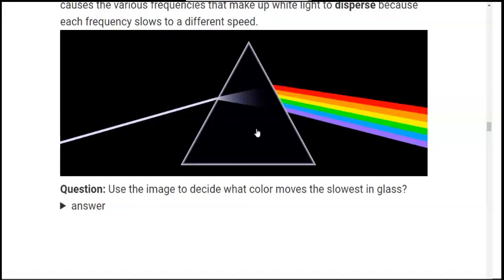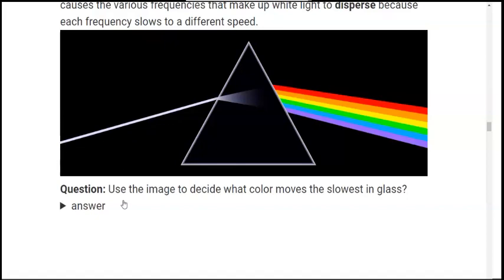White light when passing through a prism gets split up into 7 component colors because of different frequency in different component colors of the light. That's why they get deviated through different angles.